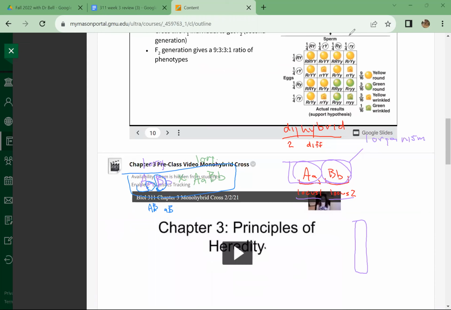And that's what we're really looking at here in this Punnett square: if you were to make this cross happen 16 times, we see that a certain phenotype arises 9 of those times.